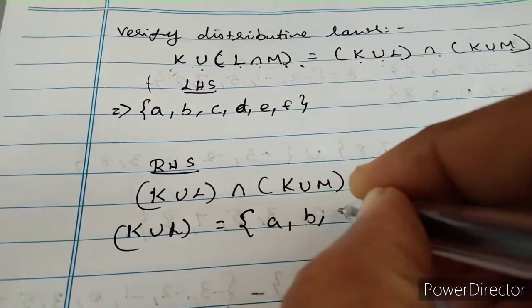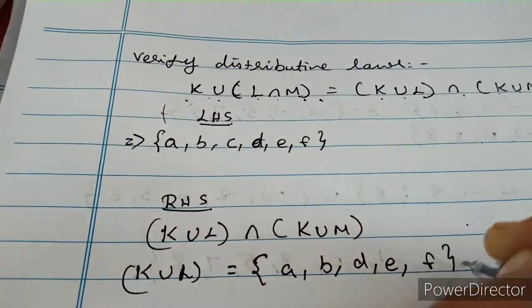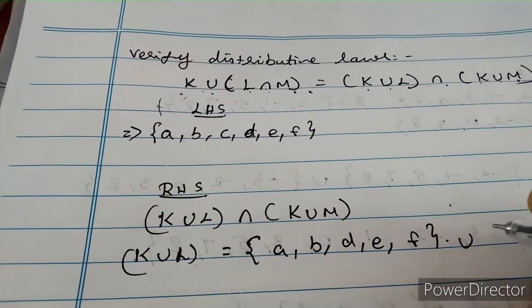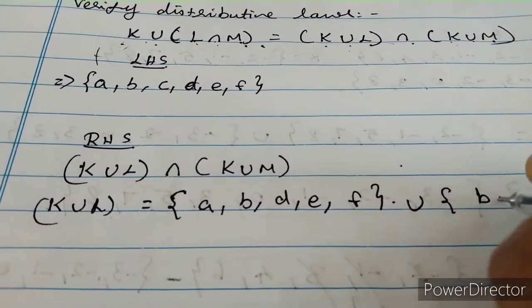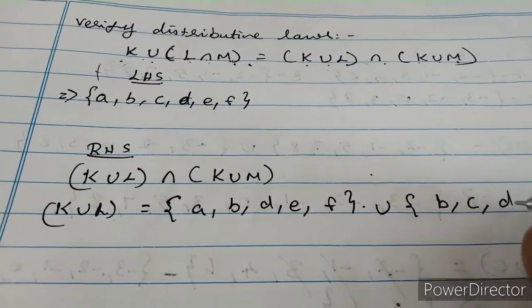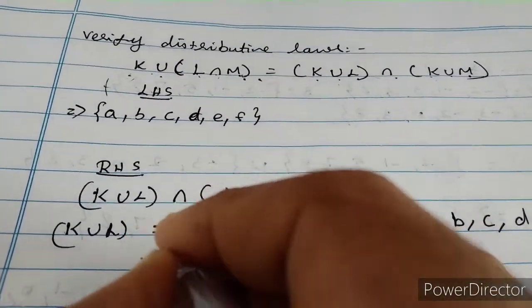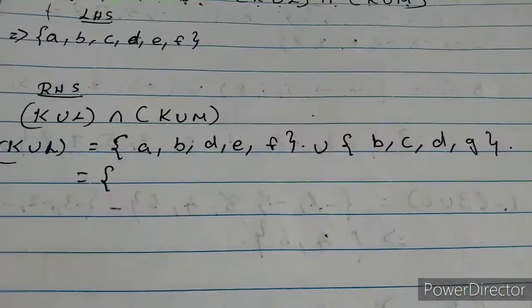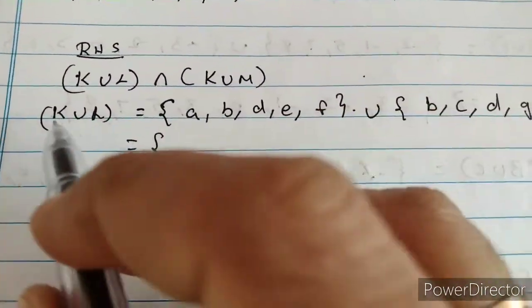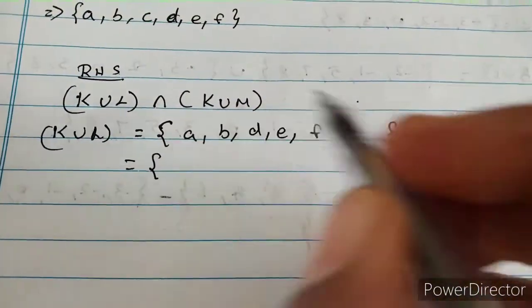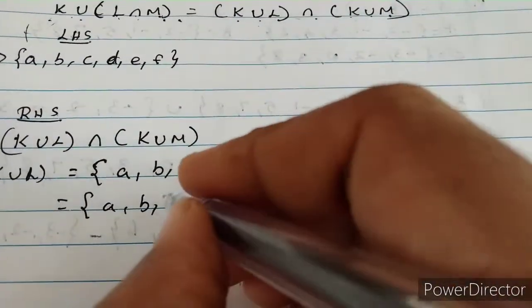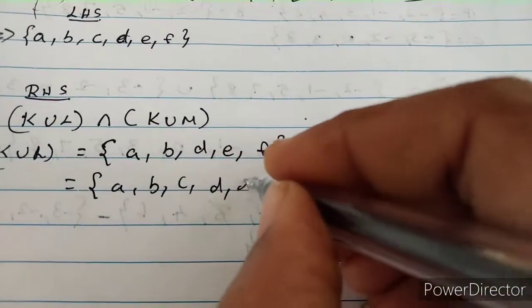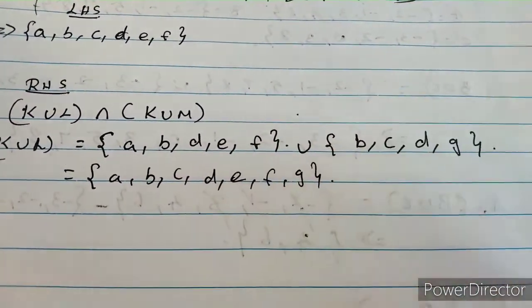A, B, D, E and F. Union elements of L. Elements of L are B, C, D and G. Union means together, you have to write all the elements. So K union L is A, B, C, D, E, F and G.